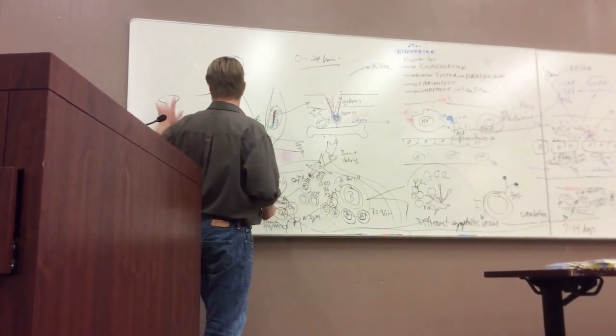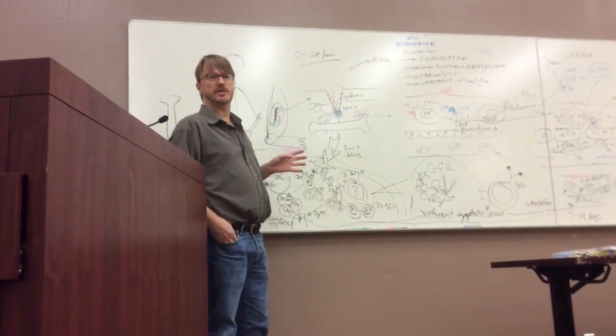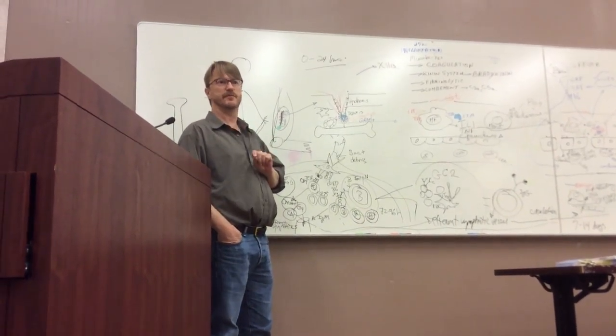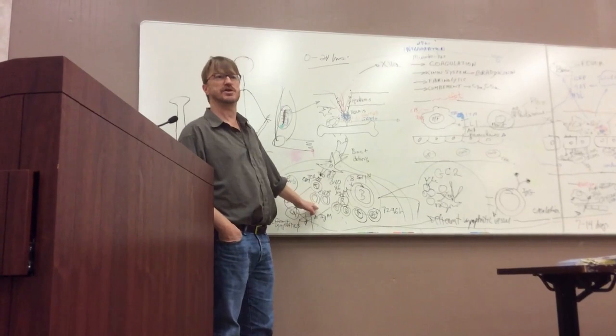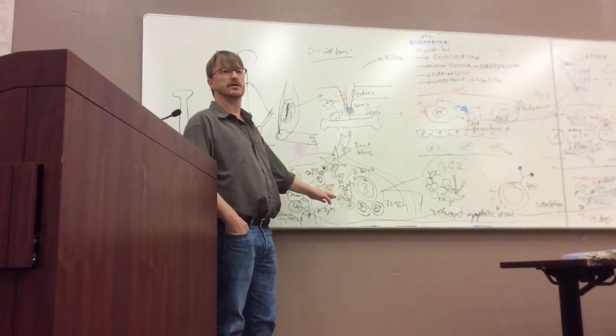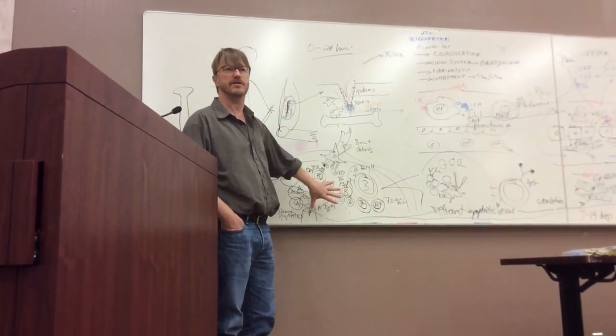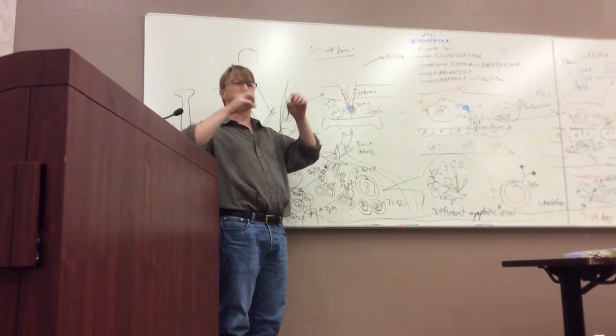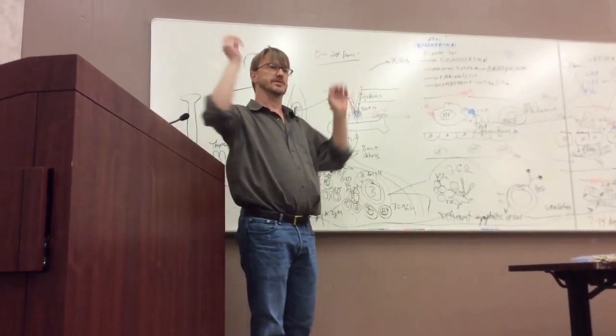When a T cell is made and first comes out of the thymus, it has CCR7, and that homes it to the T cell rich area, because the ligand for CCR7 is made by the cells in the T cell area. So they're saying, come here, naive T cells, right?